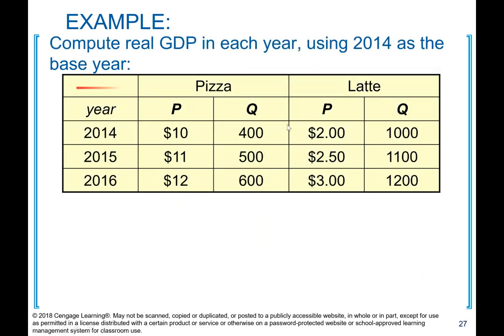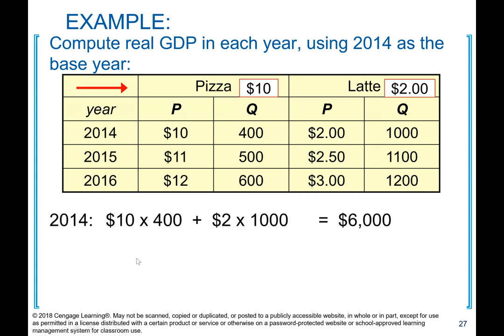Let us now compute real GDP. Remember, real GDP is computed using base year prices, corrected for inflation. So here, the base year is 2014. All prices will be fixed at $10 for pizza, $2 for latte.